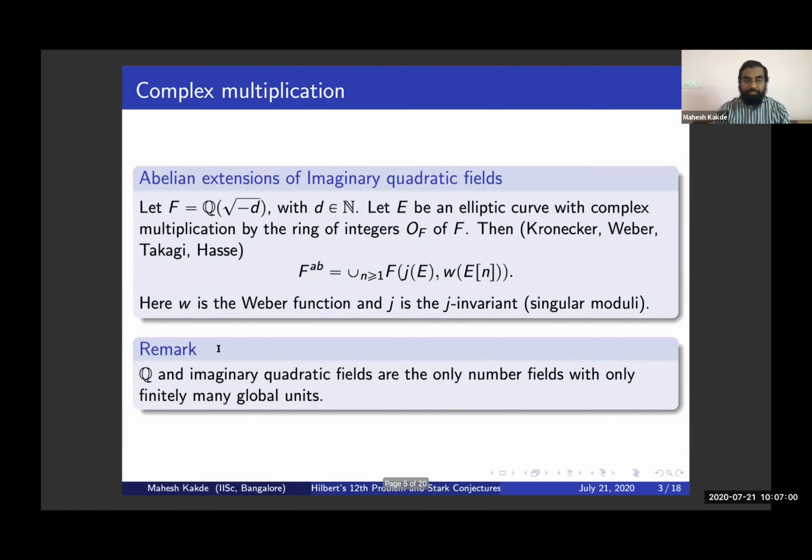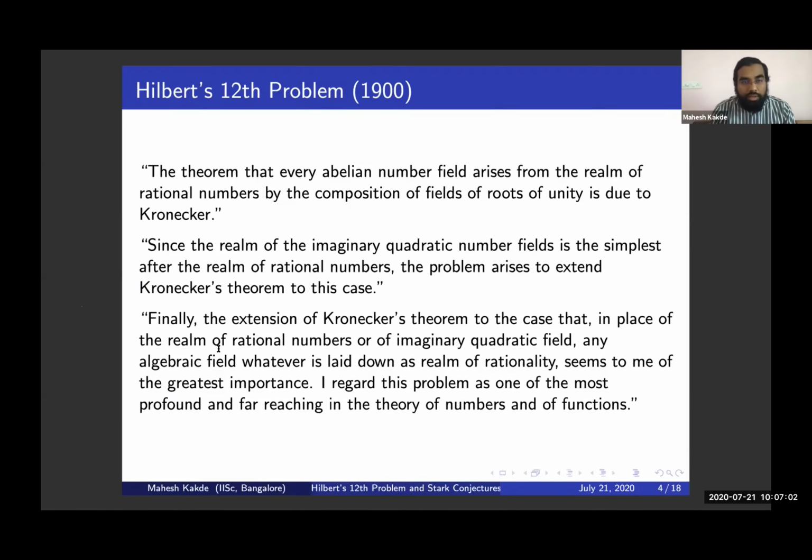So Hilbert's 12th problem, what is it? In his ICM talk in 1900 in Paris, Hilbert listed 23 problems, and the 12th of these problems was generalizing the Kronecker-Weber theorem and the theorem of complex multiplication for imaginary quadratic fields to any number field.